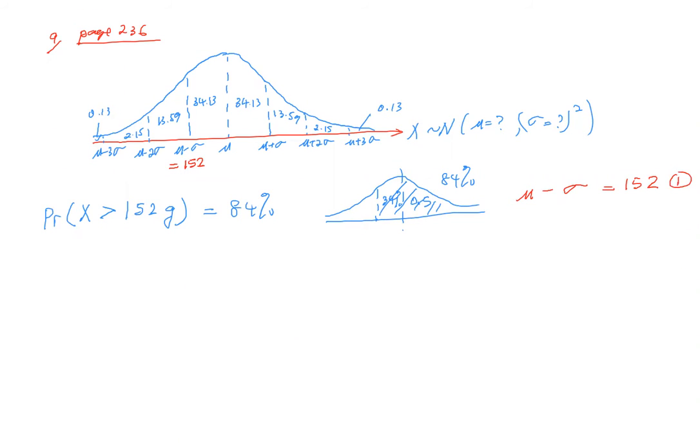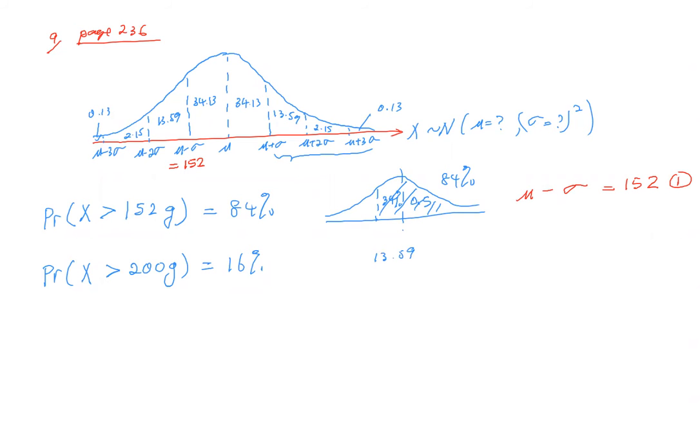Now the second information says that the probability of the weight, that is X, greater than 200 grams is equal to 16%. Now, if I add from here to here, do I get 16%? 13.59.